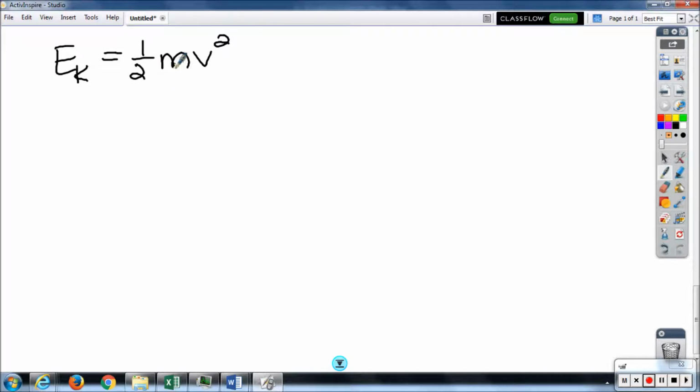So the more mass an object has, the more kinetic energy they can carry as well. Okay? So if an object's moving with constant velocity, they have kinetic energy, but the amount of energy that they have remains the same. If an object is accelerating, if they're speeding up, the amount of kinetic energy that they have must be increasing, and that must be due to the work done by an outside force.